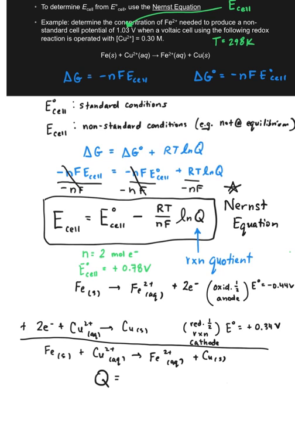But we don't include solids or liquids in our equilibrium constant or reaction quotient expressions. Therefore, our reaction quotient Q is given just by the concentration of iron 2+ as our product raised to the first power divided by the concentration of copper 2+ raised to the first power. And now we have a value of Q.